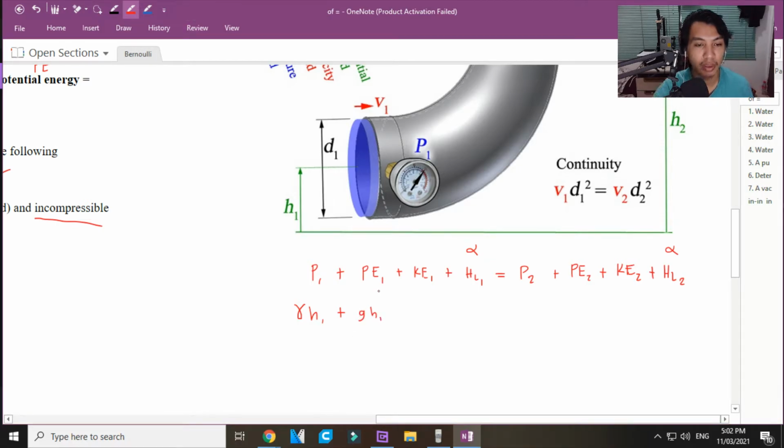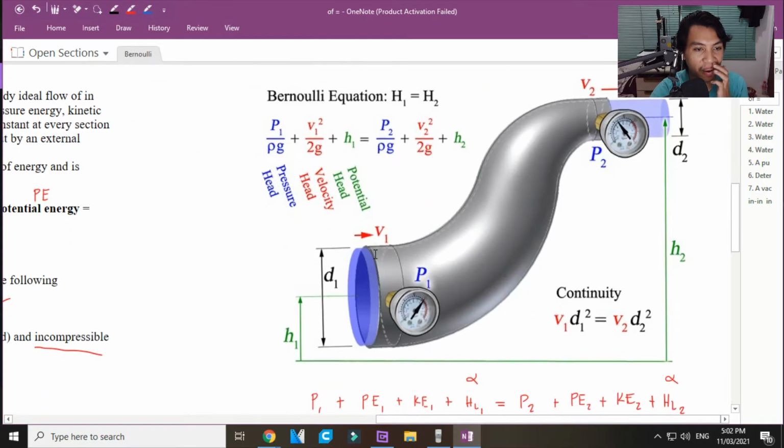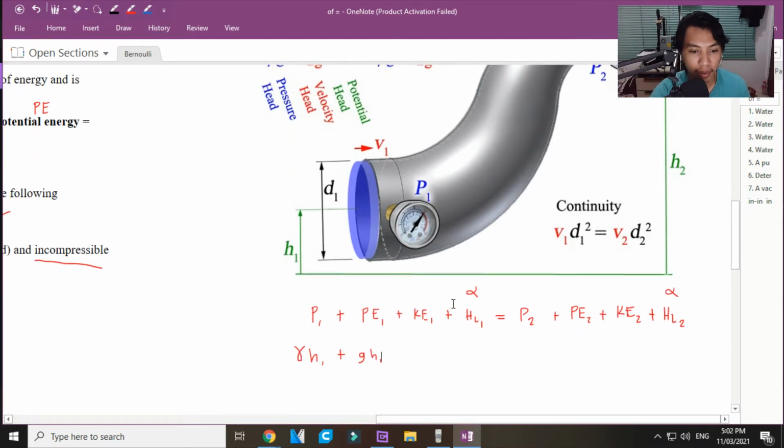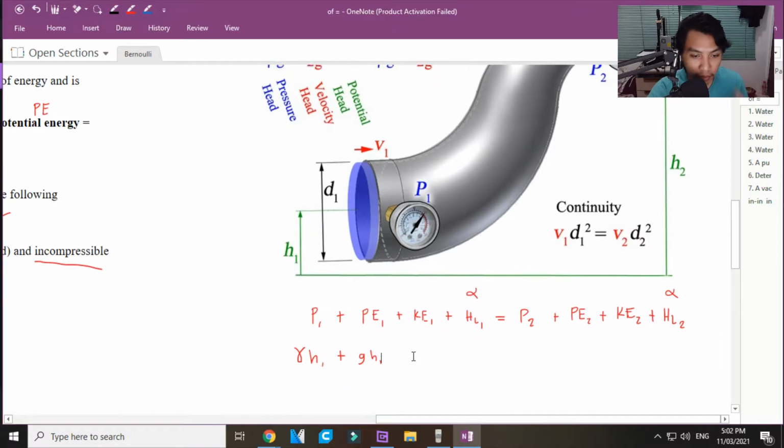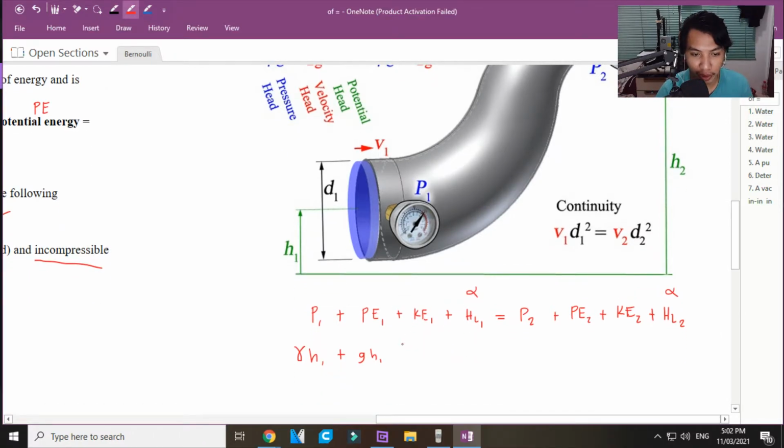GH1. Excuse. Plus KE. That is 1/2 mV squared. Tanggalin ko yung M. 1/2 V squared.